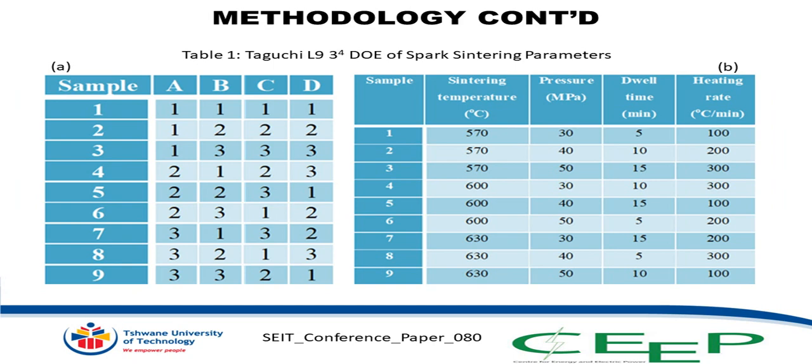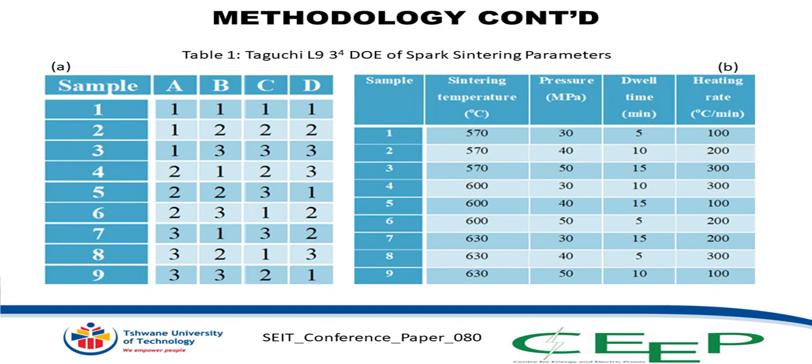Methodology continues. Table 1 shows Taguchi design of experiment for spark plasma sintering operation. 1A shows the raw result of the DOE, design of experiment, whereby first parameters were randomized into 3 levels to give 9 sets of experiment.